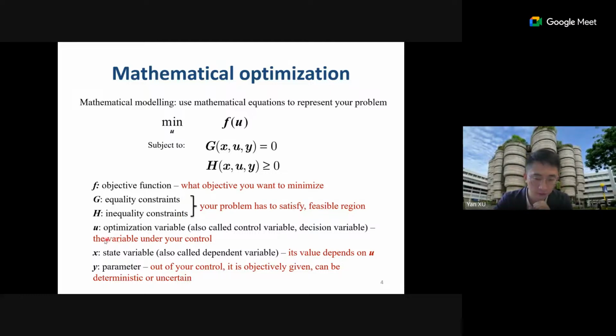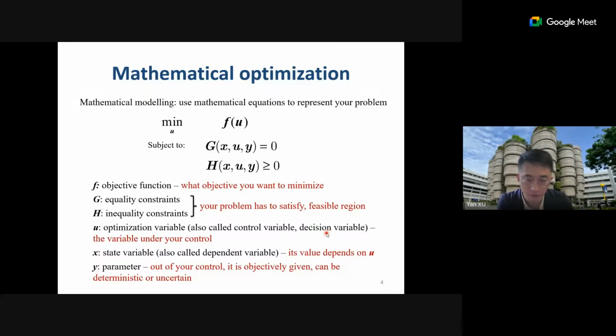And u is called the optimization variable, which means you are going to search for a value of u so that f will be minimum. This optimization variable is also called the control variable or decision variable, because this variable is under your control, right? After you search u, you can set this u, then you will have a minimum value of f.